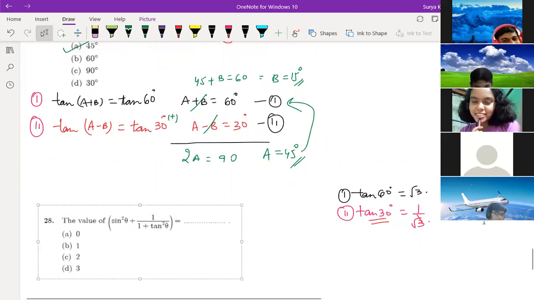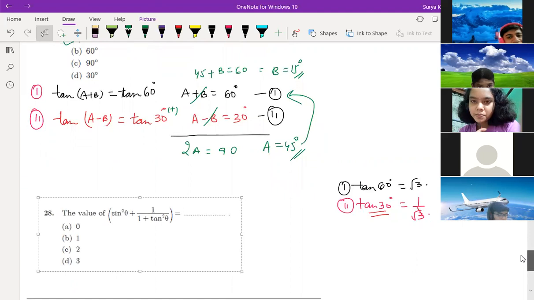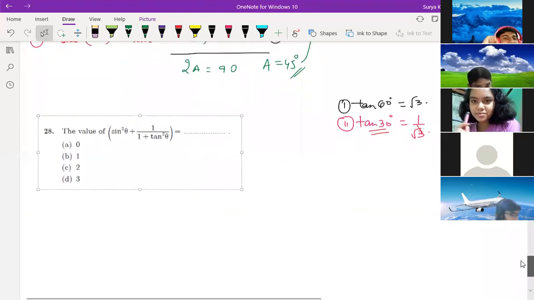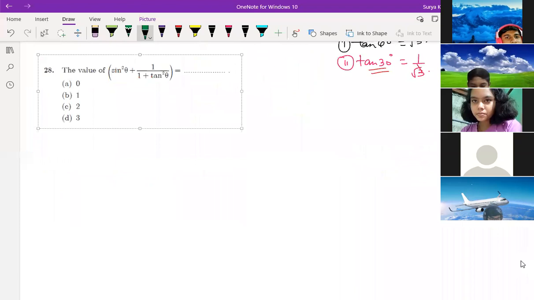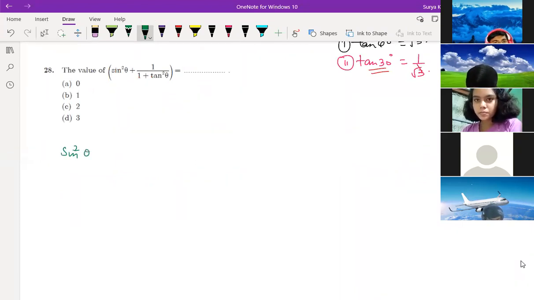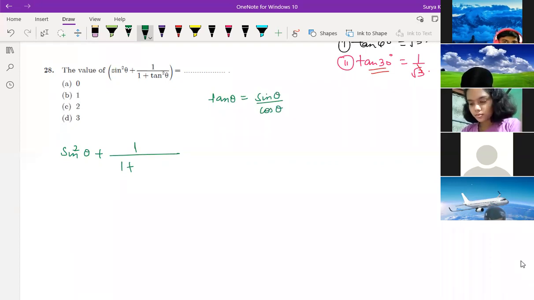The value of sine square theta plus 1 divided by 1 plus tan square theta is equal to what? I told you one concept: everything we should convert into sine and cos form. So sine square theta stays as it is, plus 1 divided by 1 plus tan square theta. Tan theta is equal to sine theta by cos theta. So instead of tan theta, we write sine theta by cos theta. Sir, is the answer 1?